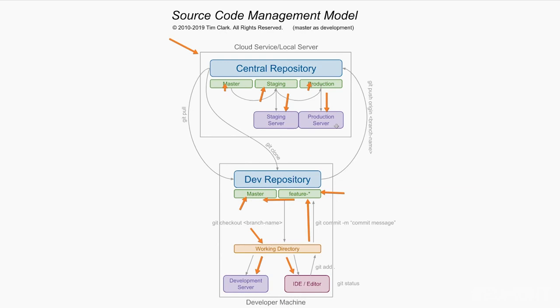So this has been a brief overview of a relatively complex setup for Git repositories, both having a remote server or using a cloud service like GitHub or GitLab, as well as how it works on your machine when you are modifying and manipulating source files, and then the nuances of merging branches, adjusting conflicts that happen between your code and somebody else's, and then ultimately pushing everything that you've done on your machine back up to the cloud service or the local server so that it's available to your entire team.